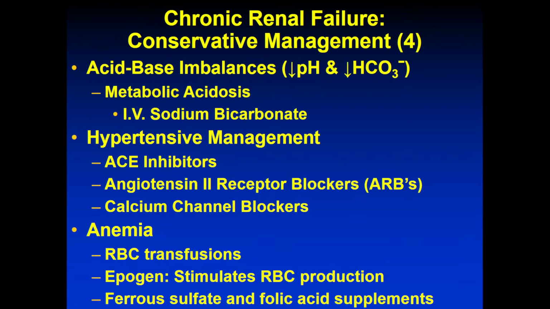Acid-base imbalances. Metabolic acidosis we can control with intravenous sodium bicarbonate. To control elevated blood pressure, we can use angiotensin converting enzyme inhibitors, angiotensin 2 receptor blockers, and calcium channel blockers.